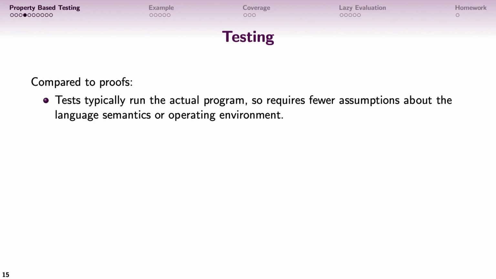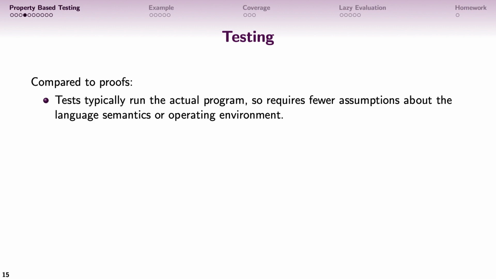Right? When we did our proof, we would manually evaluate Haskell programs using equational reasoning. But there's no guarantee that Haskell semantics actually work that way. So our proof relies on the fact that Haskell and the Haskell execution environment will execute in a way that is equivalent to our equational reasoning.